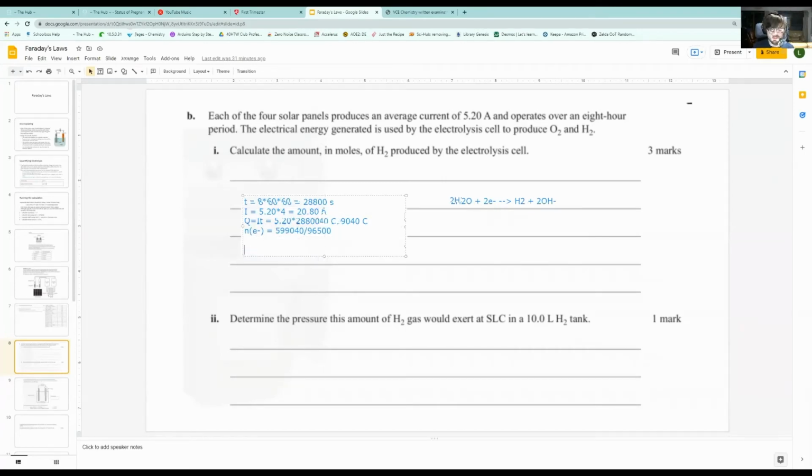So amount of hydrogen will equal, let's put that in there, 6.208 divided by 2, which is going to equal 3.104 mole.